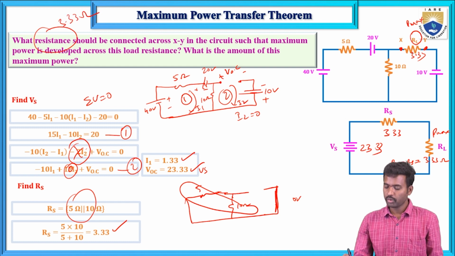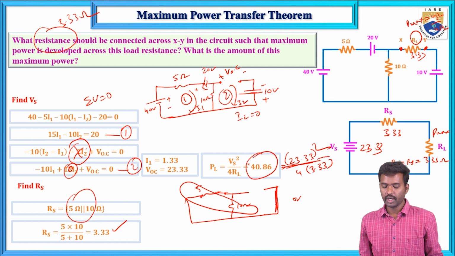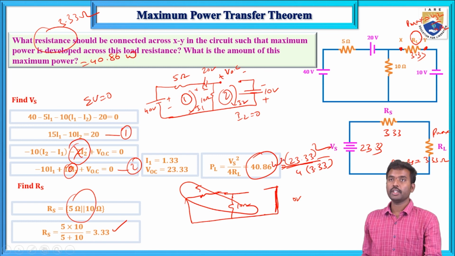Now what is the maximum power? P maximum equals Vs square by 4 RL, which is 23.33 whole square divided by 4 into 3.33, that equals 40.86. This maximum amount of power equals 40.86 watts. Next problem.